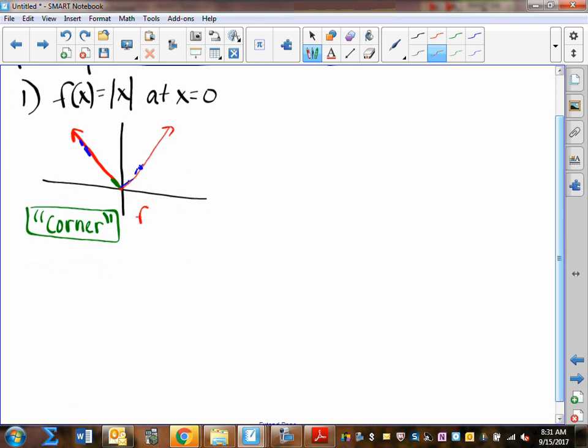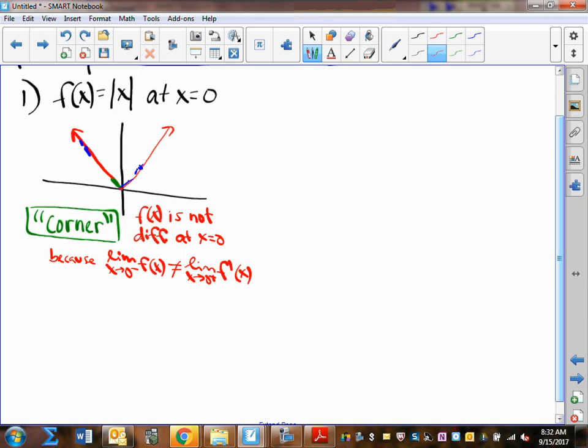That is not differentiable at x equal to 0, because that limit of our slope from the left does not equal that limit of our slope from the right.